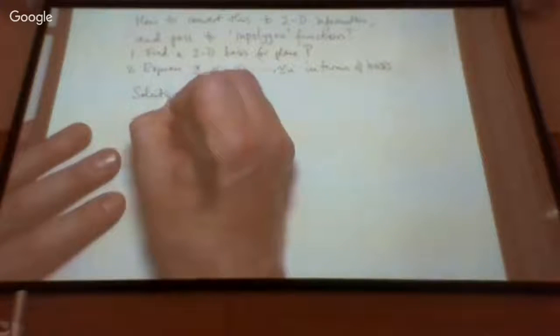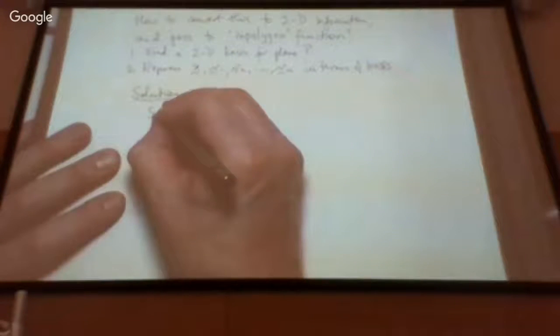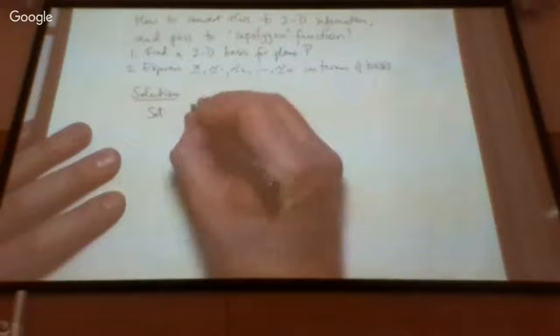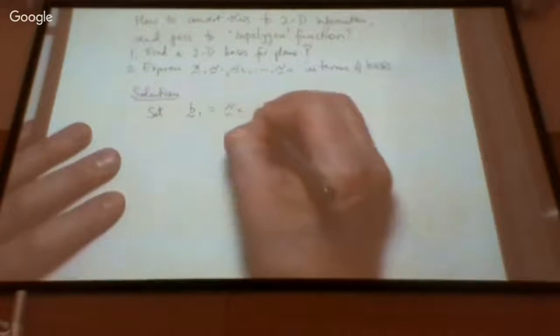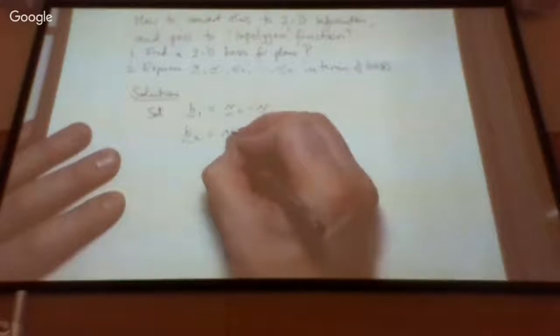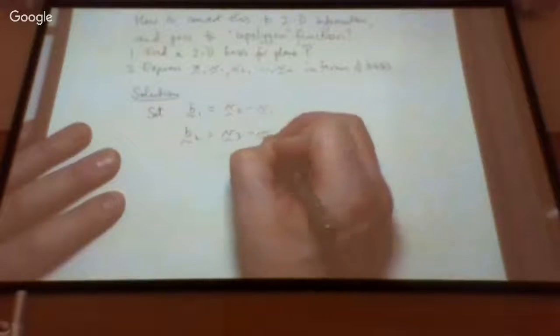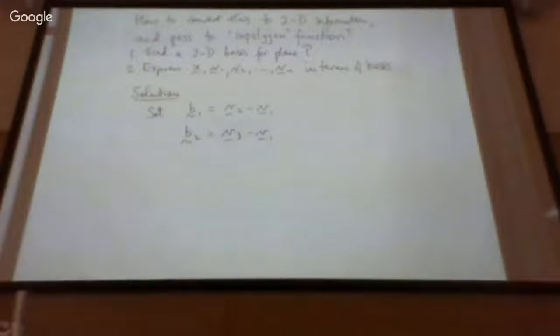So, solution to this problem. Originally, at the start, we'll set b1 to be this vector v2 minus v1, and b2 we'll set to be v3 minus v1. So I just want two vectors lying along the plane.